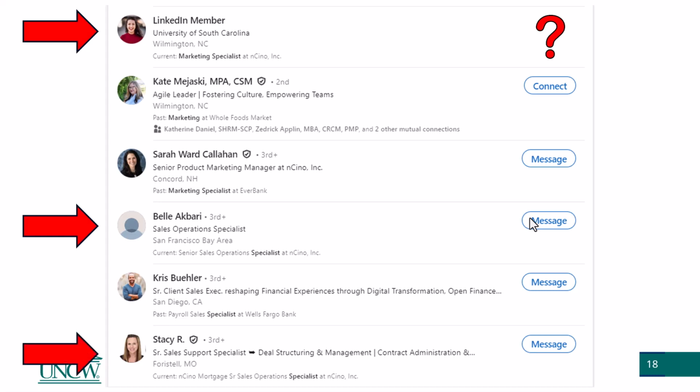And then finally, you'll notice that Stacy down here doesn't show her last name, Stacy R., but she's still accessible. It does make it a tiny bit harder to find her, which is very likely intentional. But at least with her profile, I'll be able to connect and message with her. I won't be able to see her full name until we're actually connected, and she'll have control over that.